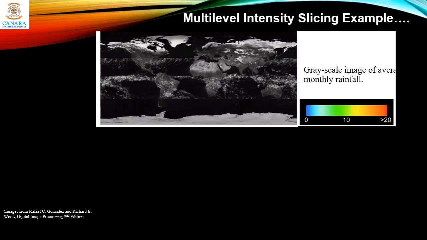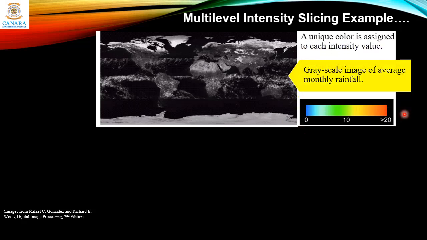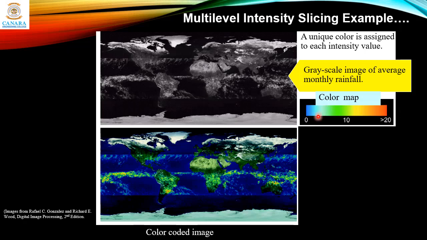Here is another example for multi-level intensity slicing. This image shows the world monthly average rainfall. Okay, and if you assign a unique color for each intensity level, using this color map from 0 to 20, this will be the result.